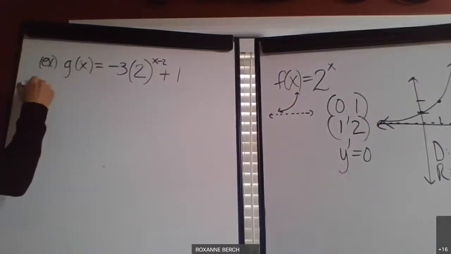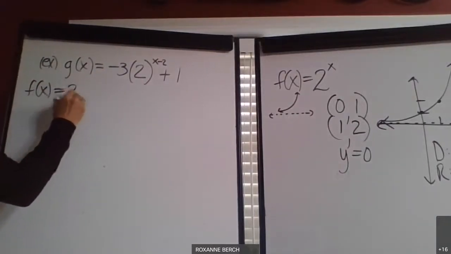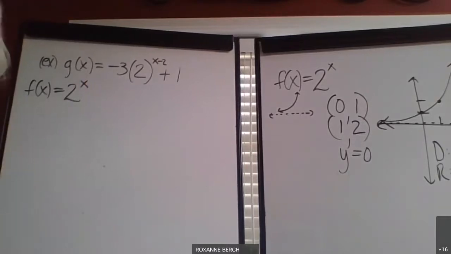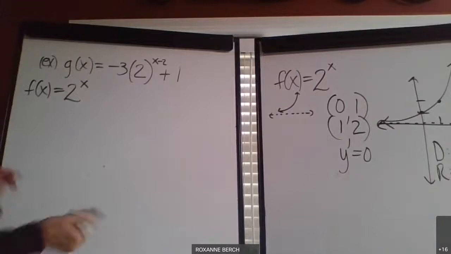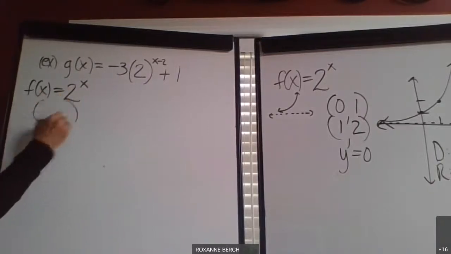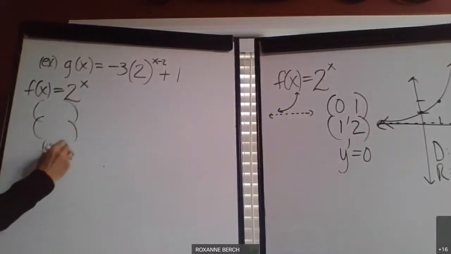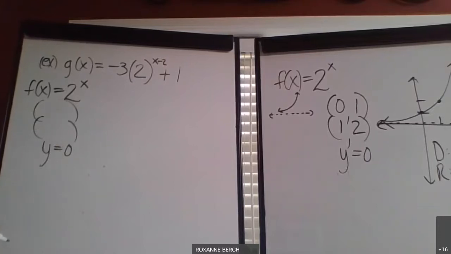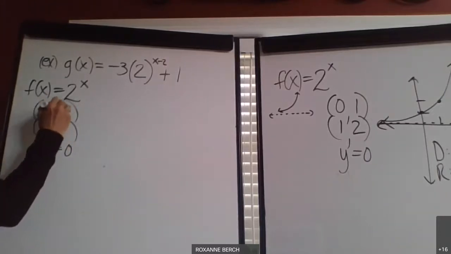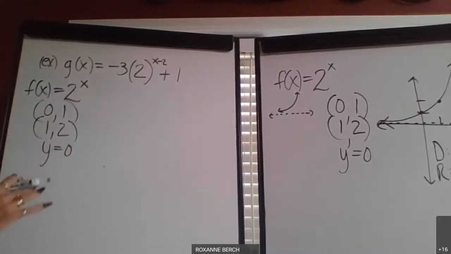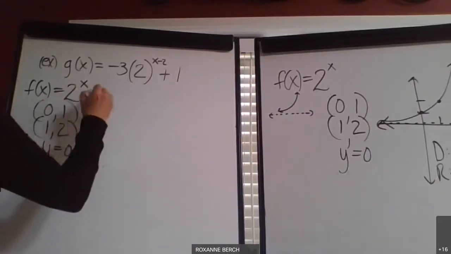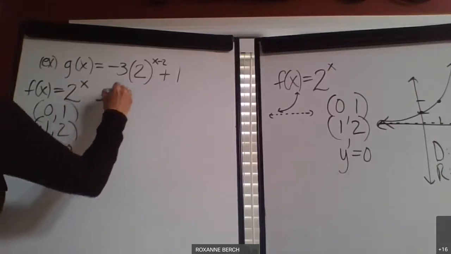The parent is the base of the exponent, 2 to the x, and it is the most basic graph, as usual. We know that there's a horizontal asymptote at y equals 0. And if I pick 0, 2 to the 0 is 1, pick a 1, right 1 up 2. Okay, that's the parent. And we do know that exponential growth goes up.